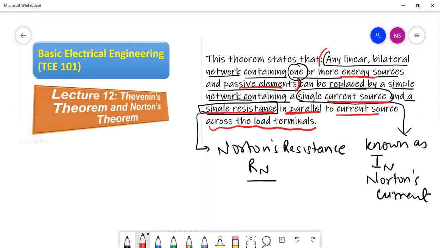So that means we do not alter the load terminals. Apart from the load terminals and load resistance, whatever we have in the network can be replaced by a simple network.